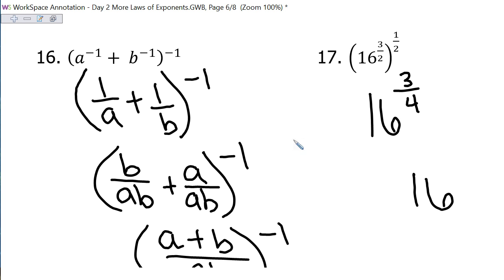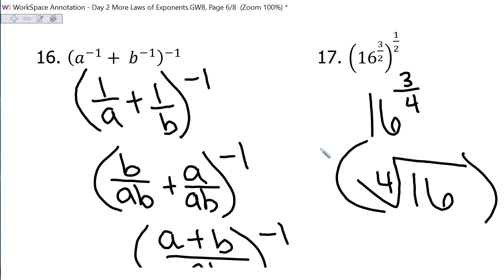What root are we taking? 4th root. Remember that bottom number is the root. And what power do we raise it to? The third. So if you have a rational exponent, convert to radical form. Now what's the 4th root of 16? 2. And what's 2 cubed? 8.